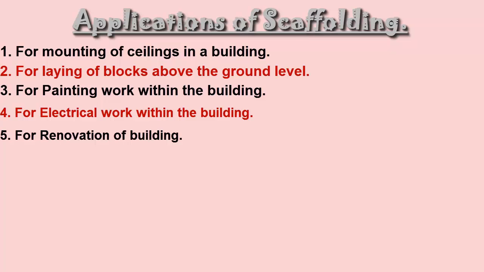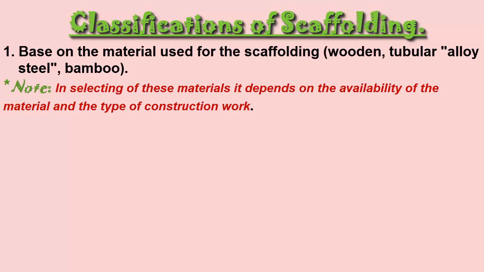Now, we shall discuss the classification. When we talk about scaffolding, scaffoldings can be classified in two ways. One, through the material used for the scaffolding. The material used for the scaffolding is a very important thing. Commonly, what we see in the Nigerian context, we use wood, we use tubular, that is alloy steel, and we use bamboo.